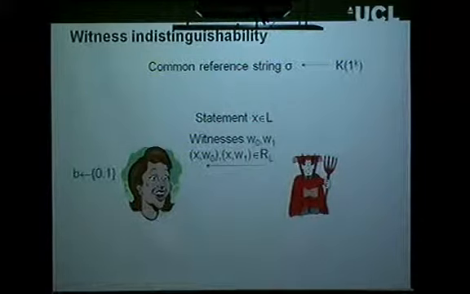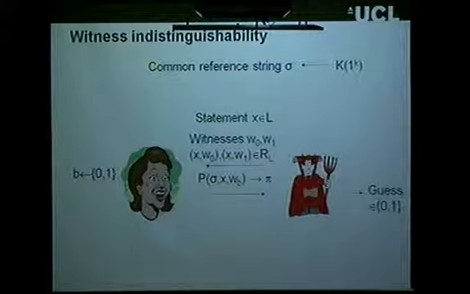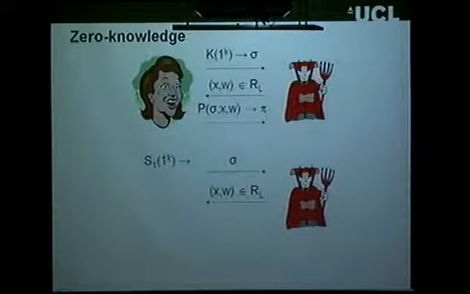And the prover flips a coin and uses one of them to generate a proof. And the adversary tries to guess which of those witnesses has been used. Okay? So it's very similar to, for instance, the way that you define indistinguishability under chosen plaintext attack of encryption. Right? The adversary is trying to guess which of the witnesses has been used. And we say it's witness indistinguishable if the adversary has small chance of guessing which witness has been used. Okay?